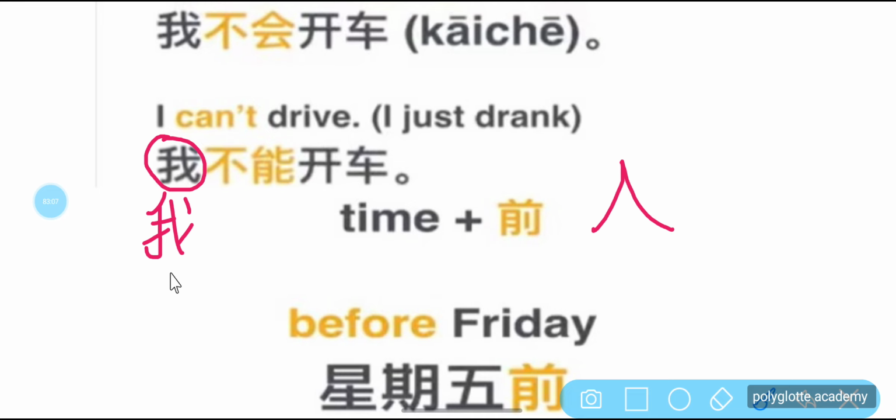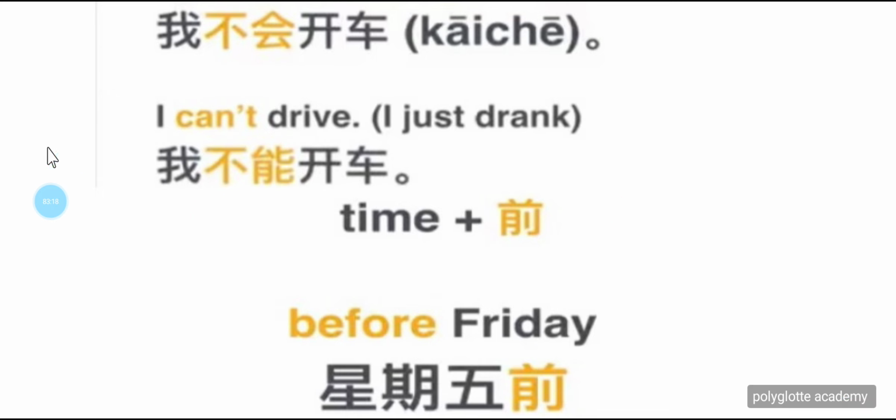So 我, which means I, and 不, which means not. So I can write the 不, and 不 here means not.